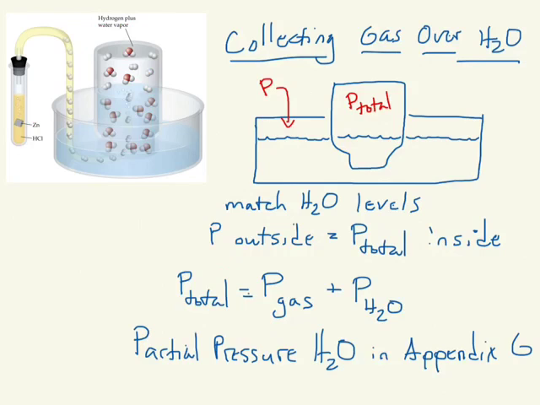So it's pretty straightforward. Whatever temperature that this lab is being conducted at, or whatever temperature the problem is telling you, you just have to look up the H2O pressure at that temperature, and bingo.